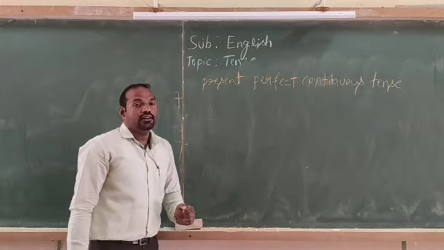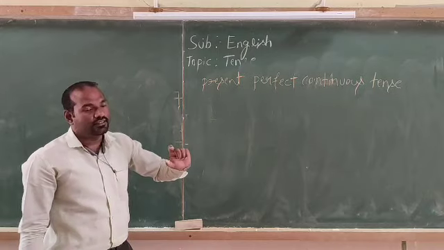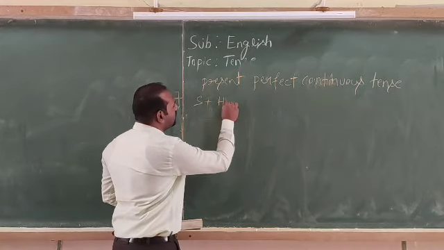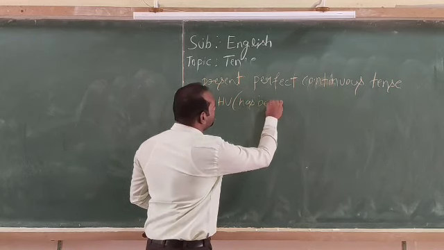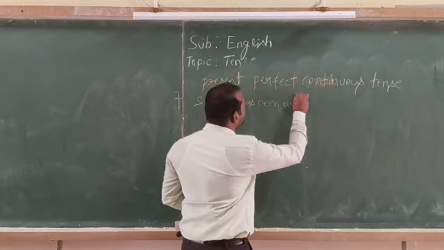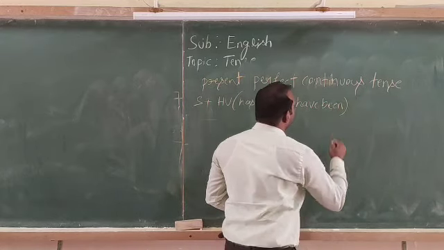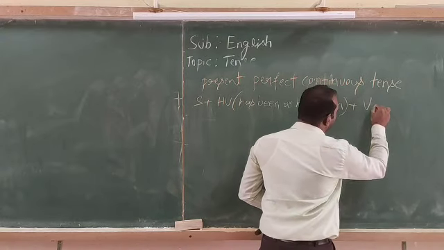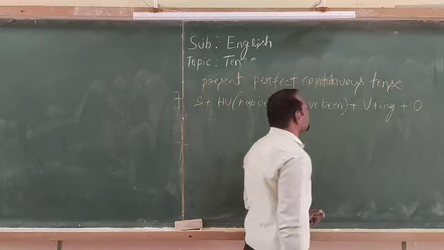So here, when we look into the structure of the present perfect continuous tense, the structure is like this: subject plus helping verb, here has been or have been, plus verb plus ing plus object.